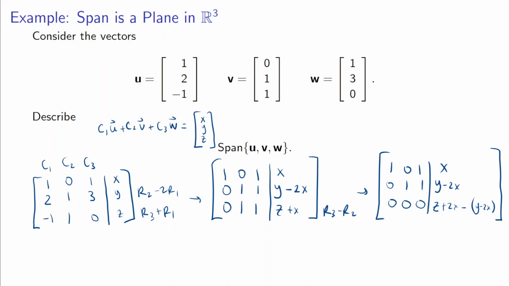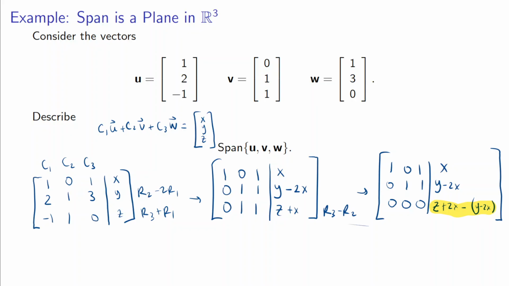We are in reduced echelon form here, and this says that this particular system will only have solutions when what we have written in the bottom row on the right hand side, this whole expression, equals 0. If that is non-zero, then this is an inconsistent system.